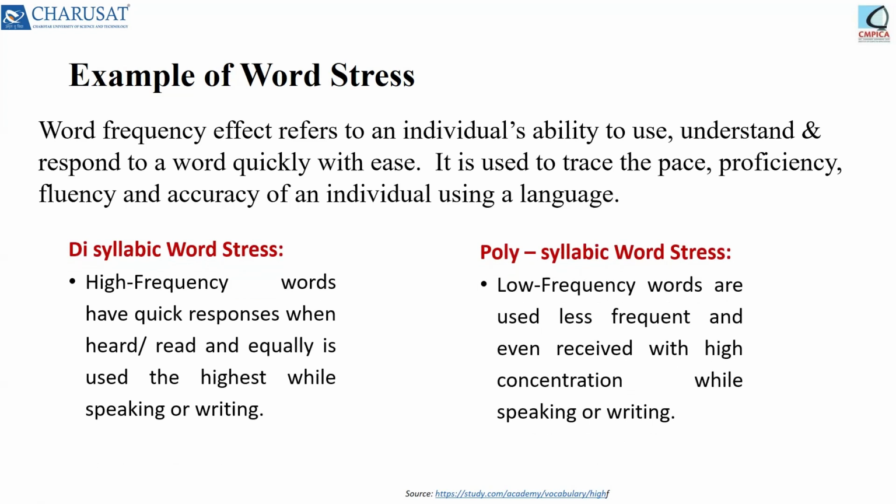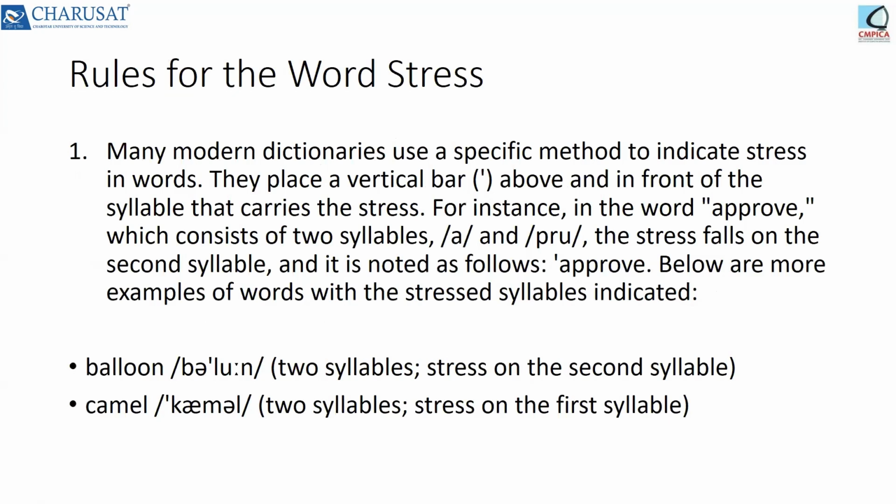Mostly low frequency words are generally identified to be polysyllabic words, which have more than two specific syllabic sounds clubbed together in one single word. So monosyllabic has one sound, disyllabic will have two syllables together, and polysyllabic will have multiple syllables together, right? So there are important things that we need to keep in mind, which are word stress rules.